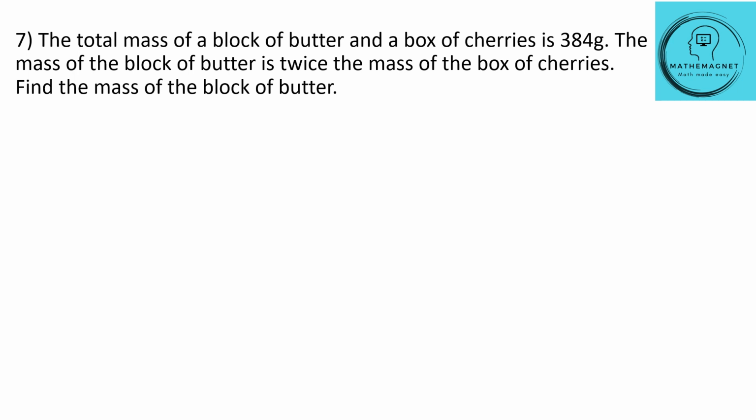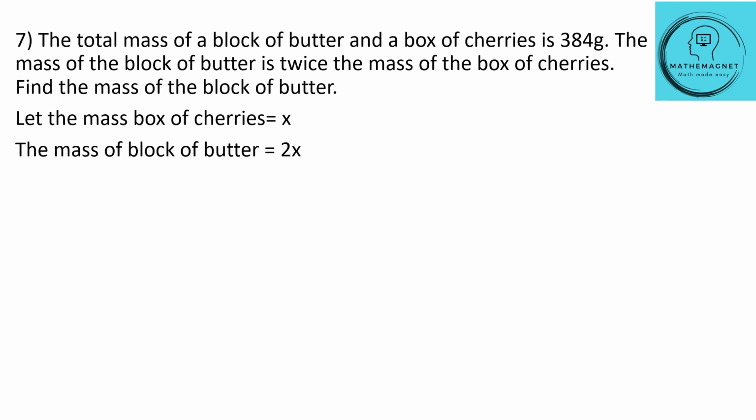One thing we know, block of butter plus box of cherries is 384, and block of butter is 2 times the box of cherries. So let us write the mass of the box of cherries as x. So the mass of the block of butter can be rewritten as 2x because it is twice the mass of the box of cherries.